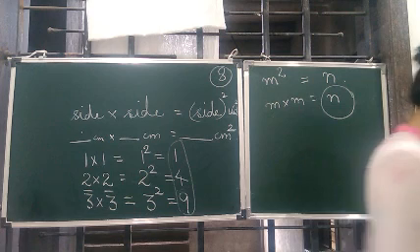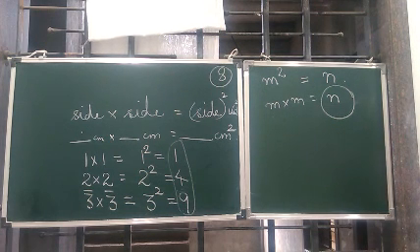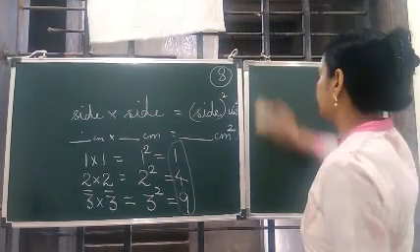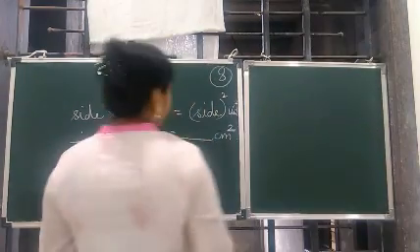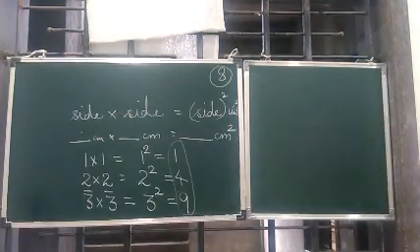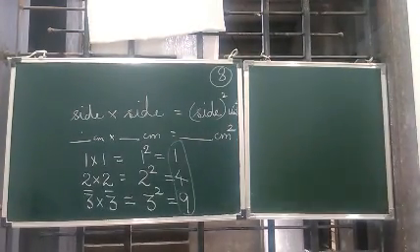Moving ahead. These numbers are also known as what? Perfect squares.